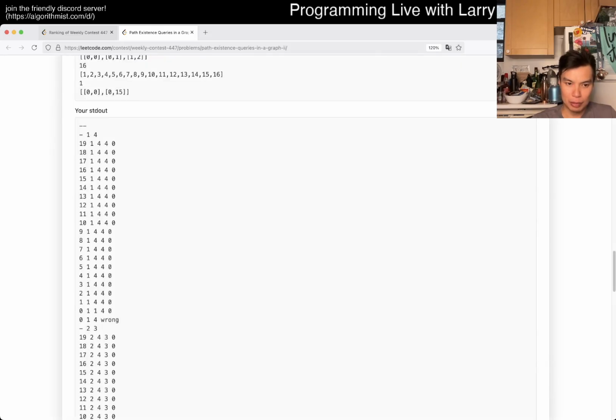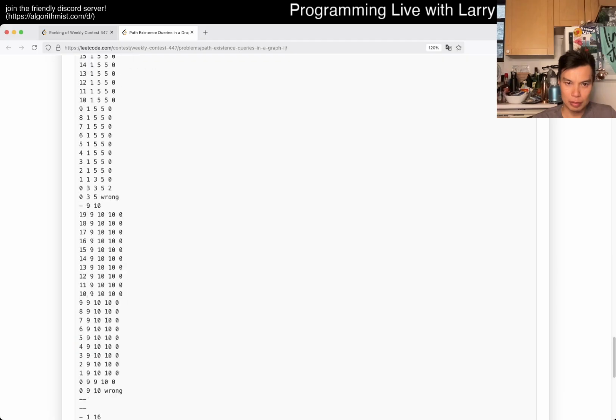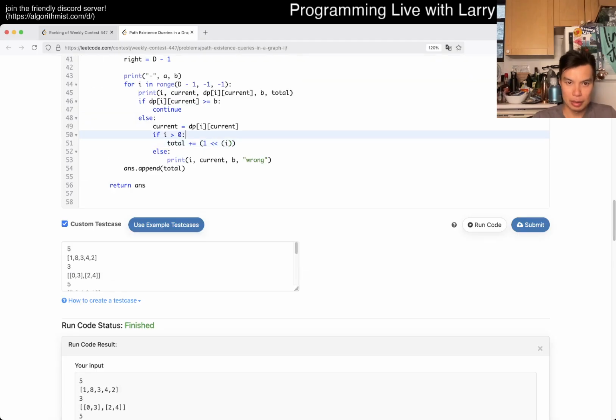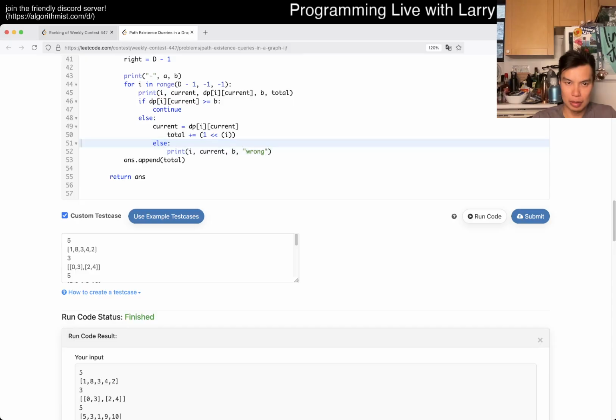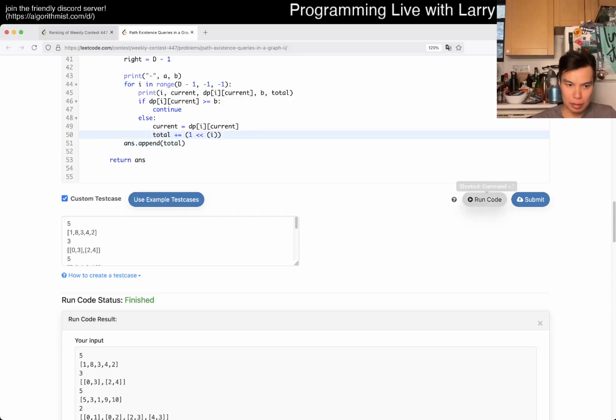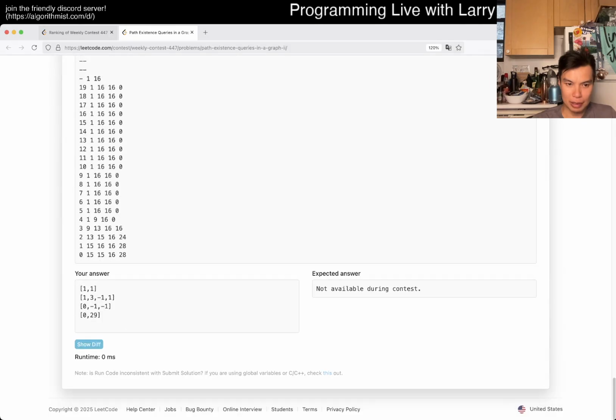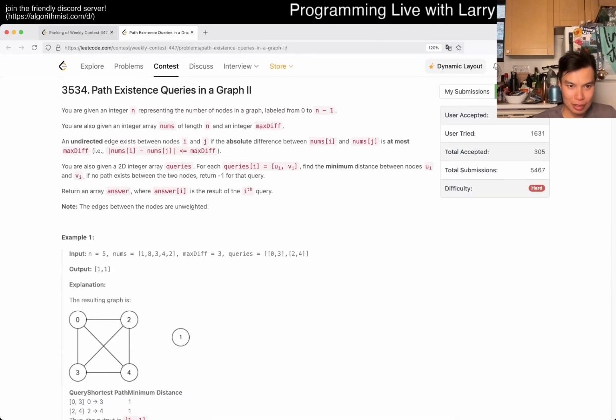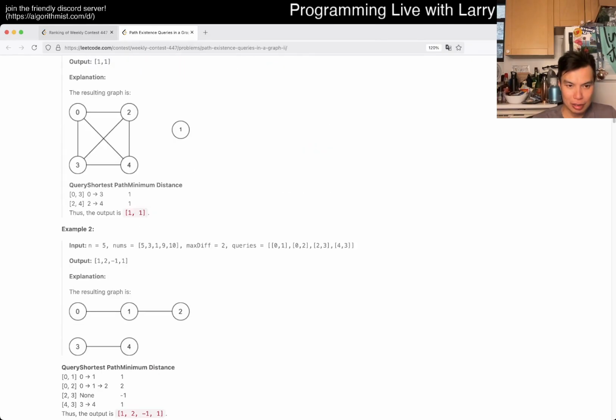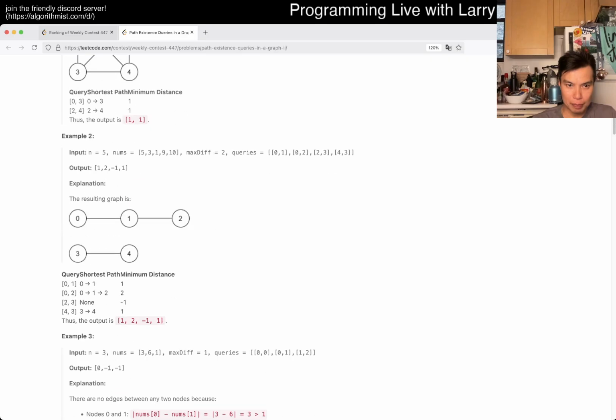Okay, so let's do 1 move. Oops. I think that this is fine, but then I don't know why everything else is wrong. Okay, what is the second query? We're going from 0 to 2.